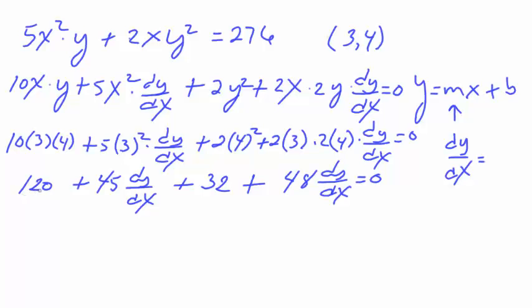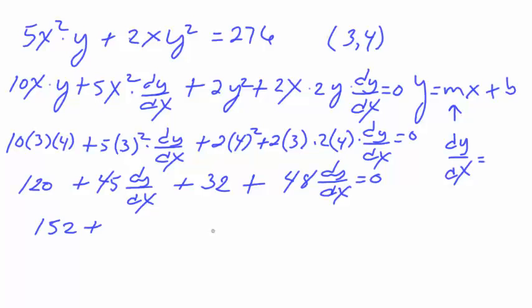Now we'll collect like terms. We got 120 and 32 is 152. And then we have 45 and 48 is 93.